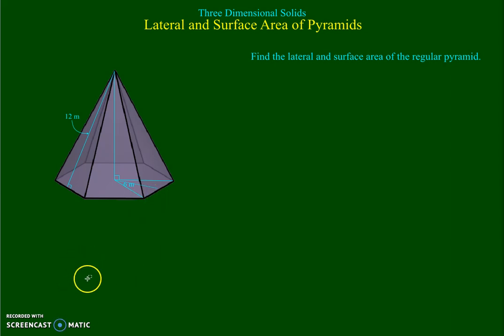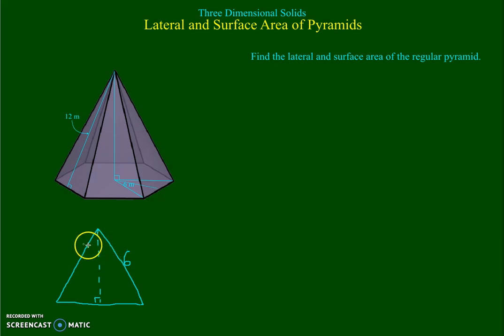So I'm going to go ahead and draw that down here and get to work. Let's go ahead and make our triangle down here. Draw on the apothem. And we know our radius is 6.